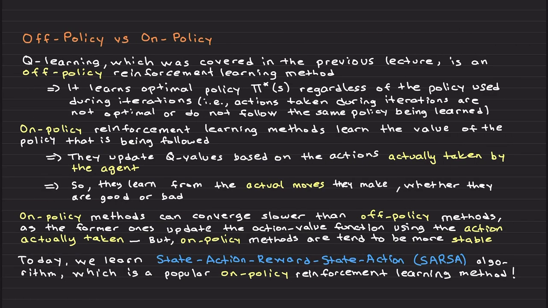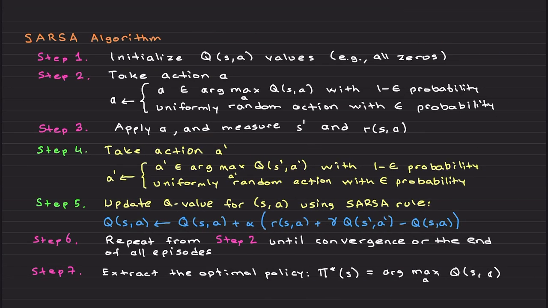Basically, we actually take the action with the agent based on this S prime and A prime. We find A prime, and then we update in step 5 the Q value for S and A using the SARSA rule. Basically, the new value of Q at a particular state S and action A depends on itself with some learning rate multiplied by the reward plus gamma Q(S prime, A prime).